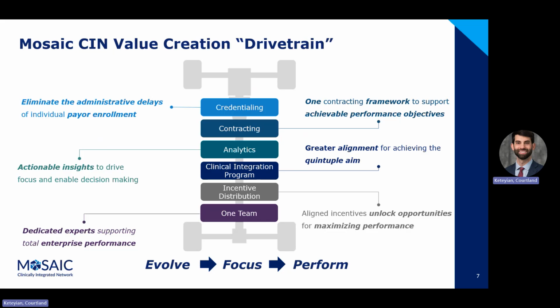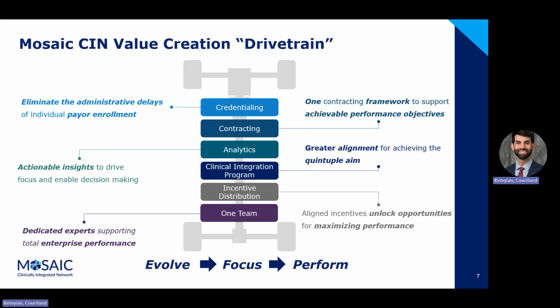Privileging is determining if a provider has the right experience to provide a service in a facility. Payer enrollment is about getting synchronized with payer files and being able to be paid for services provided according to standards set by the payer.